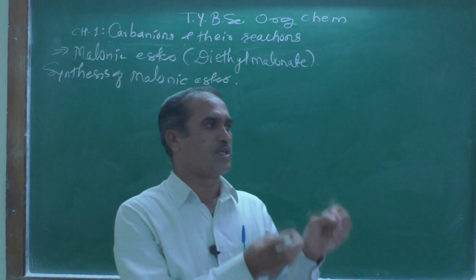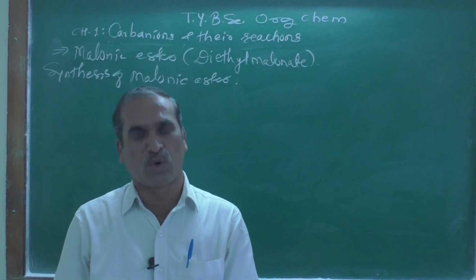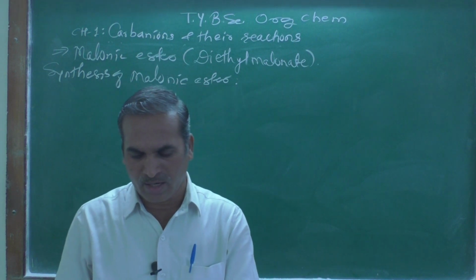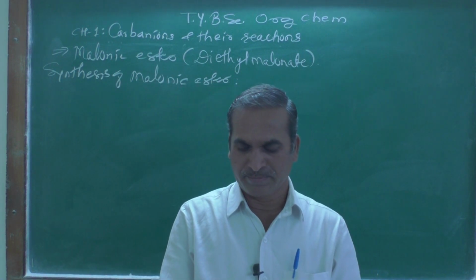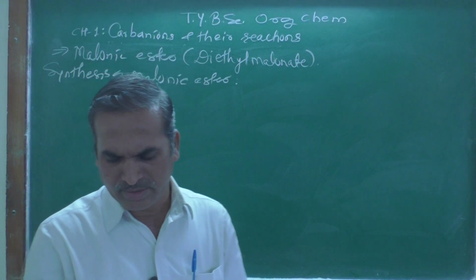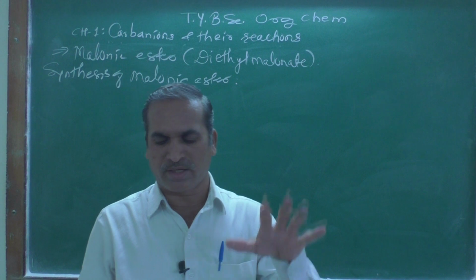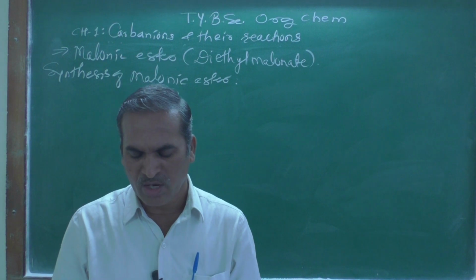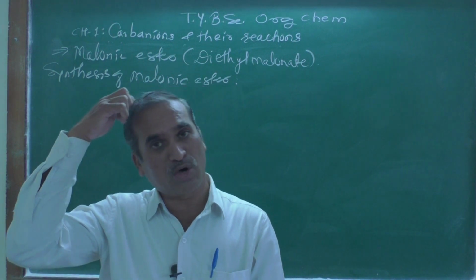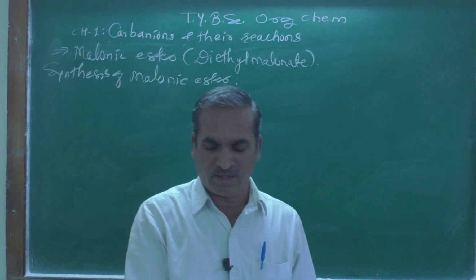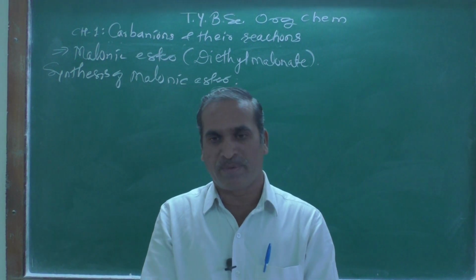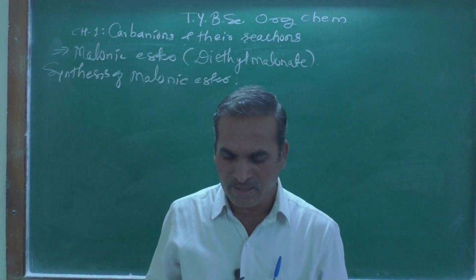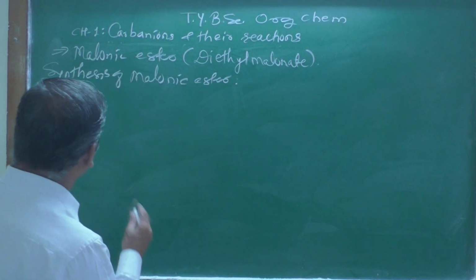Sodium chloroacetate is used as the starting material for the synthesis of malonic ester, and that sodium chloroacetate reacts with hydrogen cyanide and forms sodium cyanoacetate, and that sodium cyanoacetate, on heating with ethyl alcohol in presence of sulfuric acid, gives malonic ester, that is a diethyl ester.